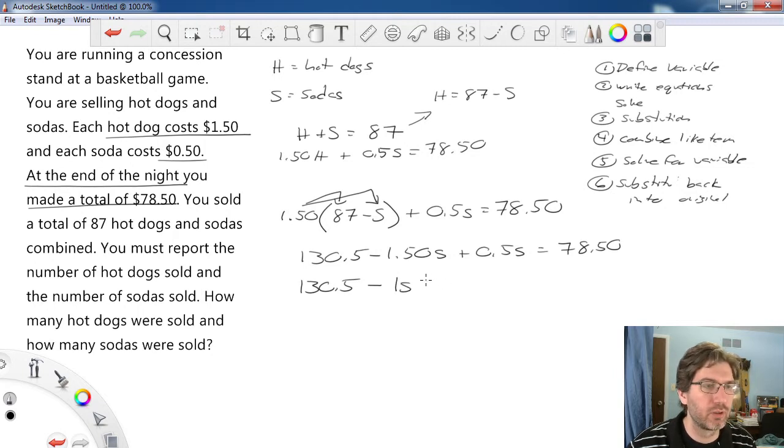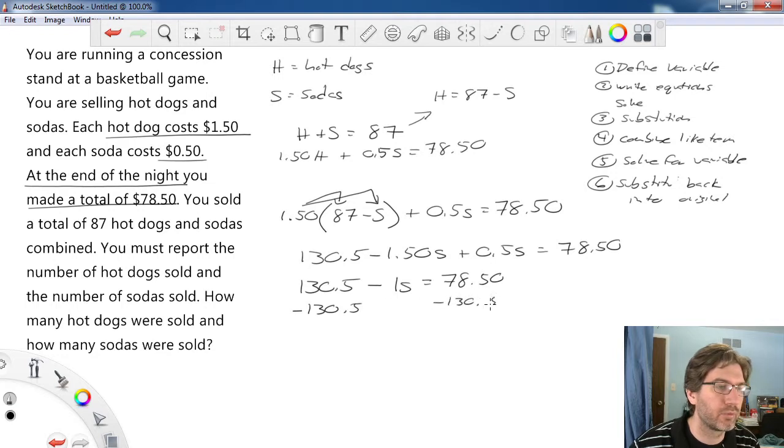don't lose your variable, equals 78.5. And this is a positive, so I'm going to subtract it. So subtract 130.5, subtract 130.5. I'm going to get negative 1 S. Again, you probably don't need the 1.